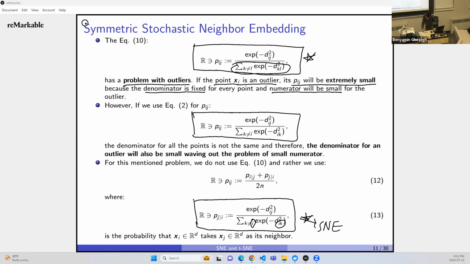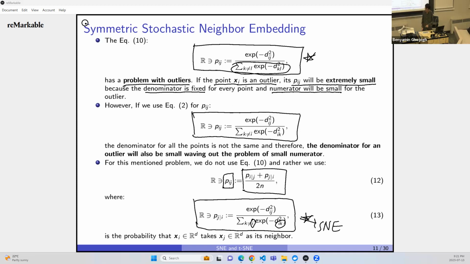Let what I had in SNE be called Pj given i. Also Pi given j. These are not equal to each other because this SNE was not symmetric, right? Now I define Pij, which is symmetric, as the average of Pi given j and Pj given i over 2n, right? This is the average of them.